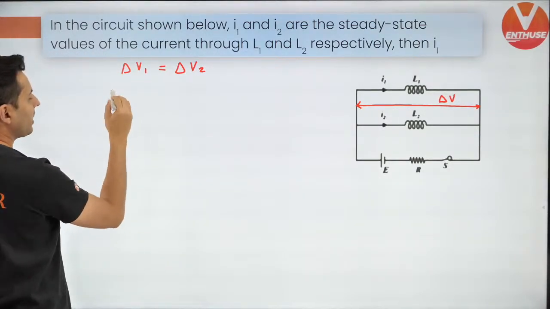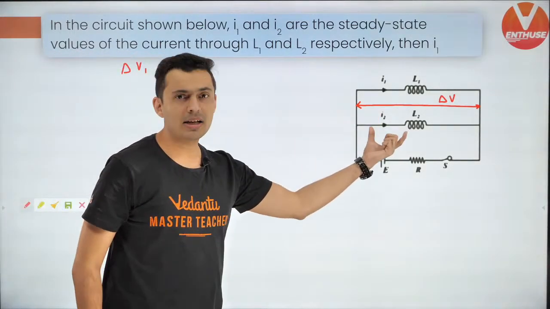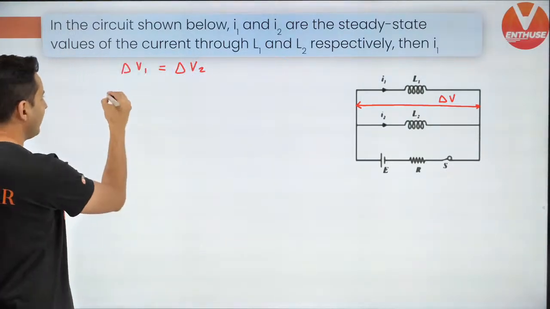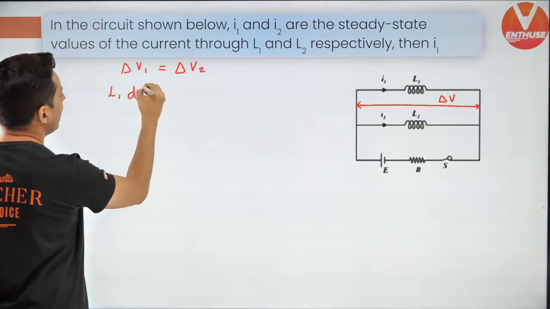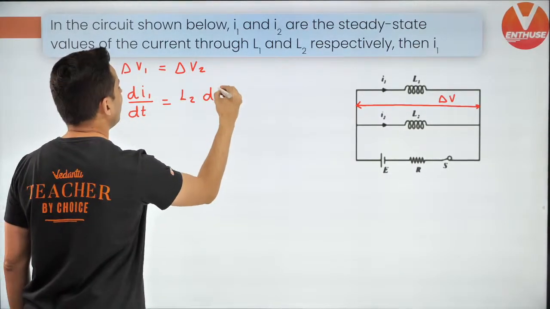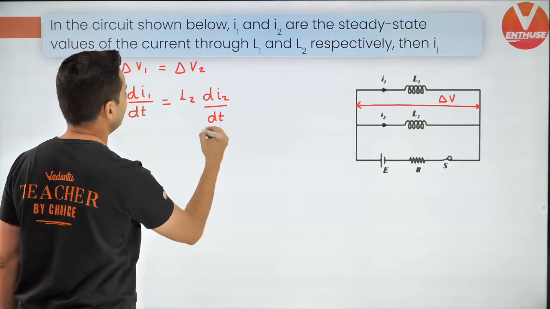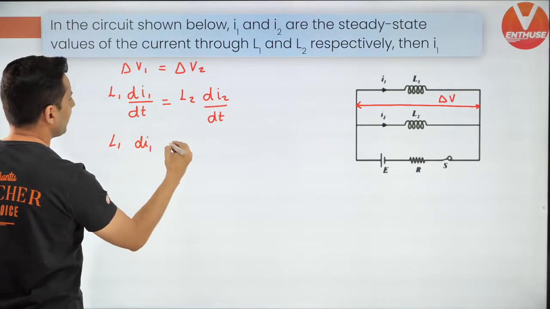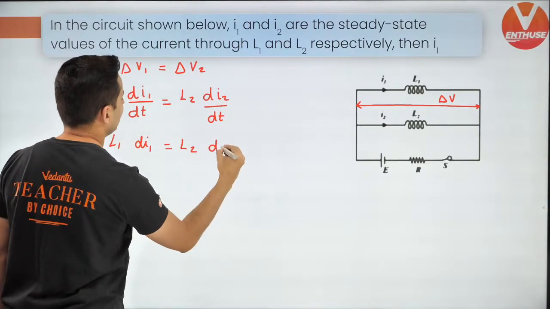Think about it. What is the voltage drop across an inductor? L di by dt. Yes, that's right. So L di by dt is equal to L di by dt for the second inductor. dt goes. So I'm left with L1 di1 is equal to L2 di2.